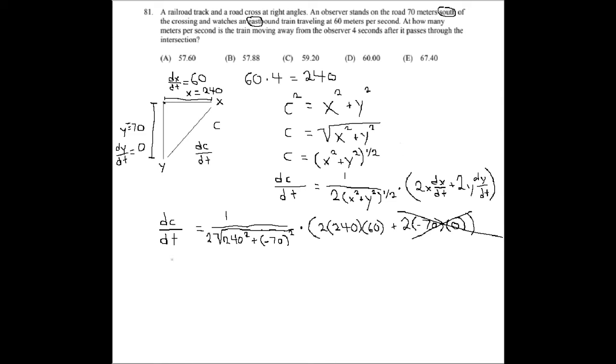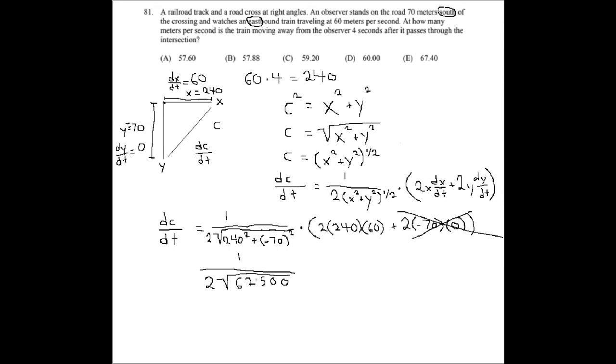Then my square root, I can simplify that to 1 over 2 times the square root of 240 squared plus negative 70 squared, which gets us 62,500.